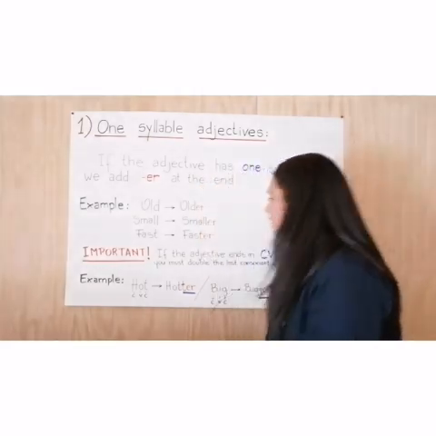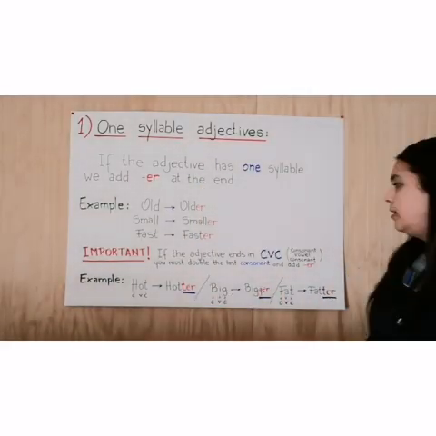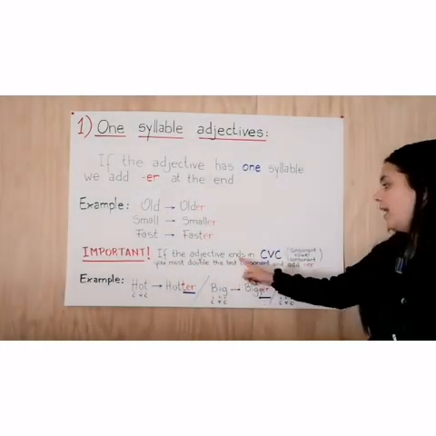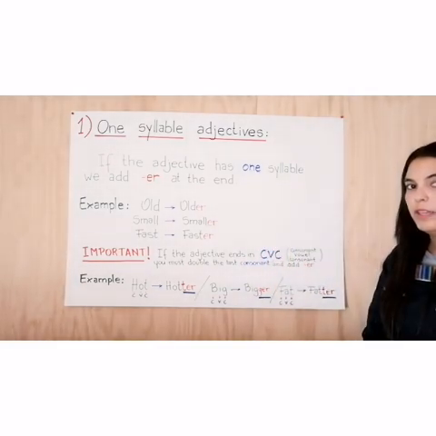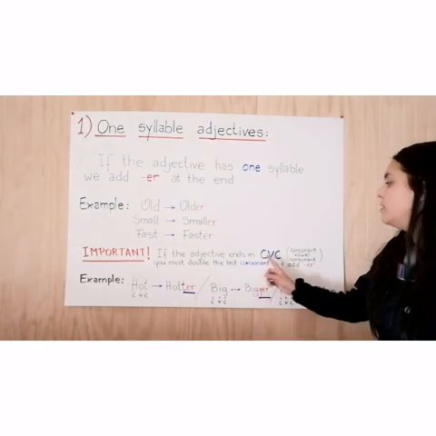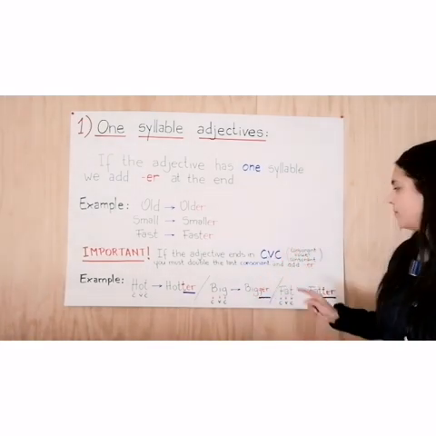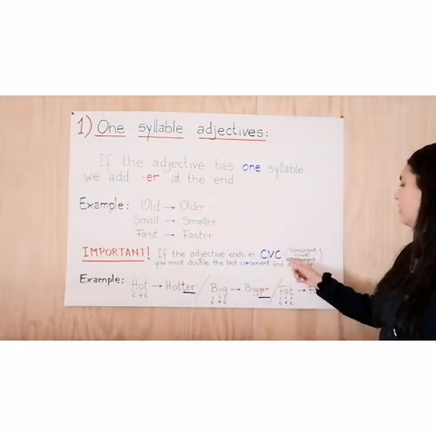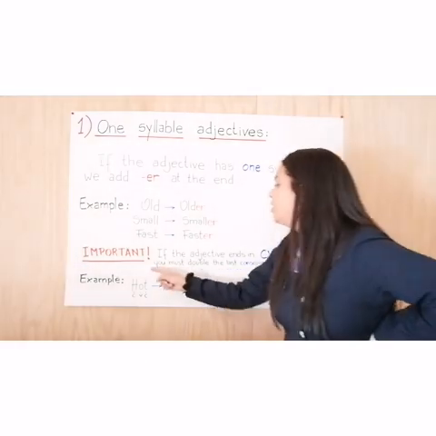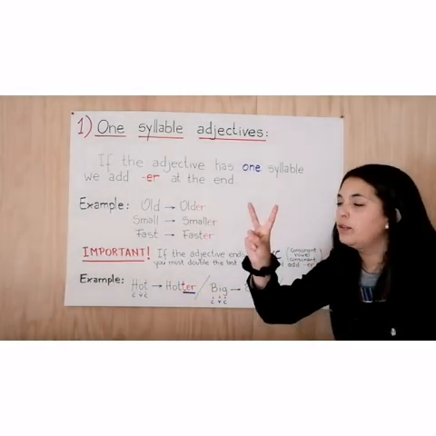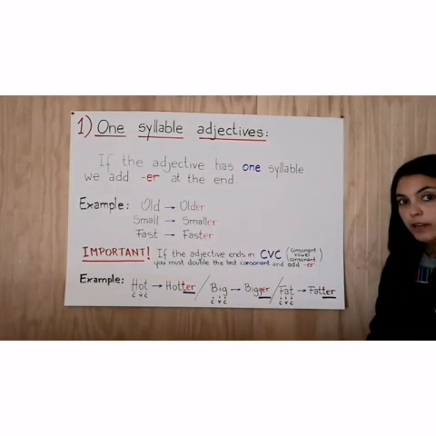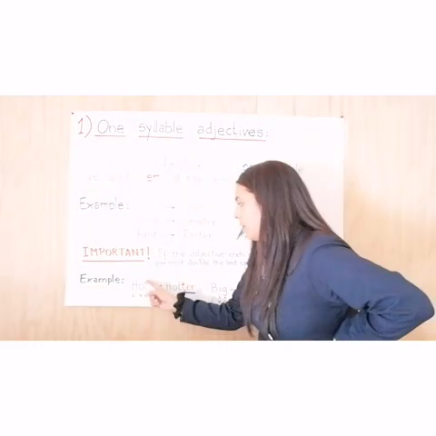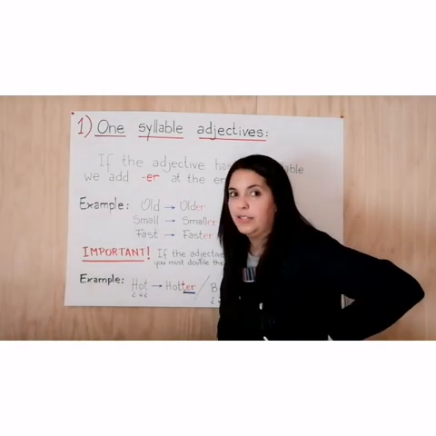Something very important to have in mind is if the adjective ends in CVC, don't forget, consonant, vowel, consonant, you must double the last consonant and add er. For example, the adjective hot.